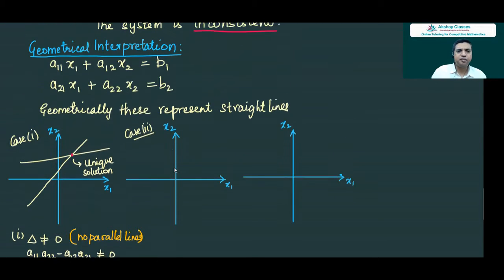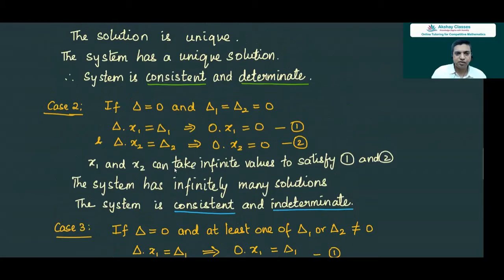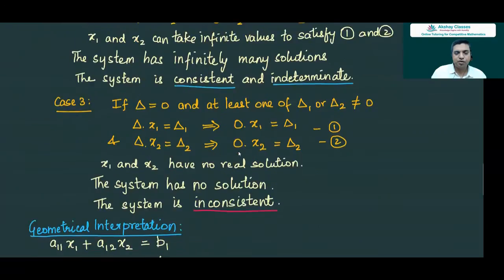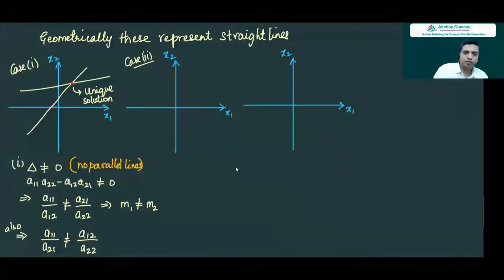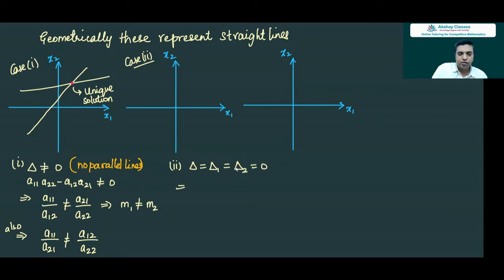Here all the determinants are zeros. You see delta equal to 0, delta 1 equal to 0, delta 2 equal to 0. So what you get if you observe a11 by a21 is equal to a12 by a22 is equal to b1 upon b2.